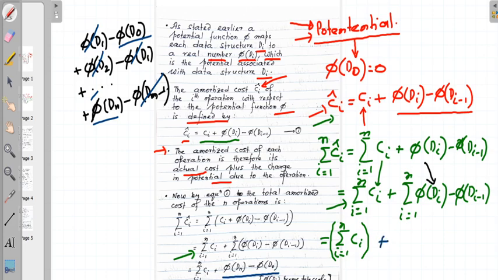So that's why it is written that this sum, these phi of d_i terms, telescope. So this is a telescoping series, and this telescoping series has many different applications in computer science analysis.